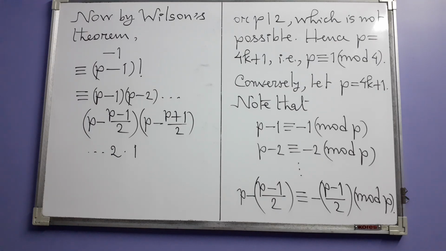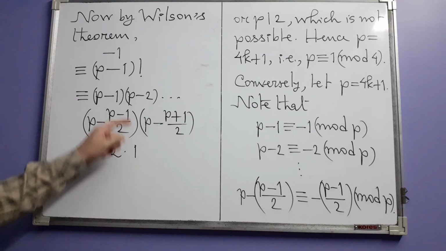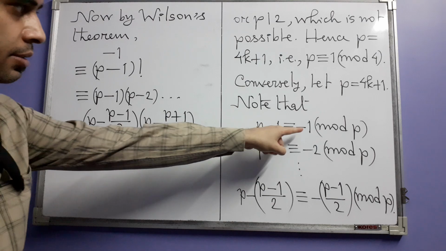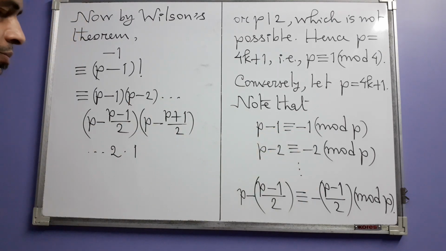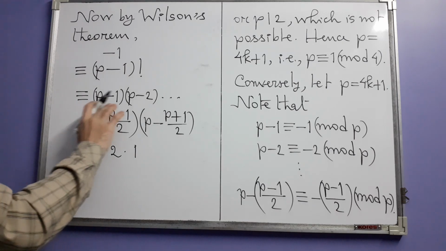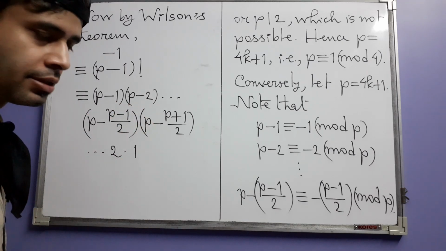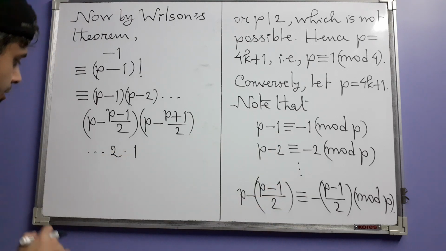Now here's the thing, you can replace these things by these things. So that means half the factors will get replaced by some other integers.